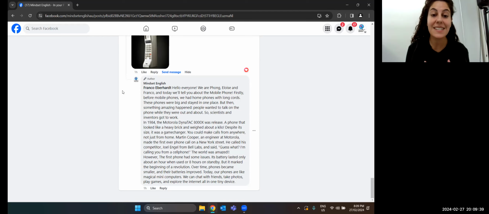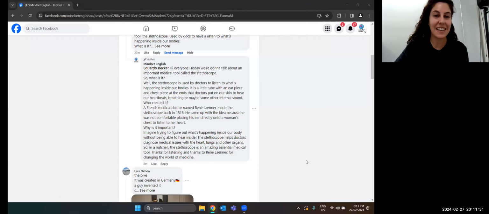Its battery lasted about an hour when used, or 8 hours on standby. But it marked the beginning of a revolution. Over time, phones became smaller and their batteries improved. Today, our phones are like magical mini computers. We can chat with friends, take photos, play games, and explore the internet all in one tiny device.